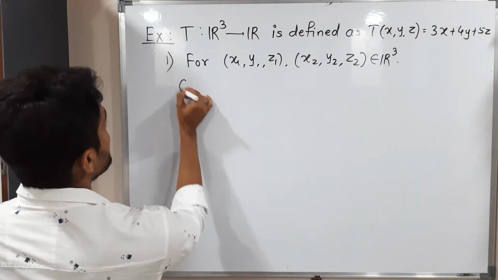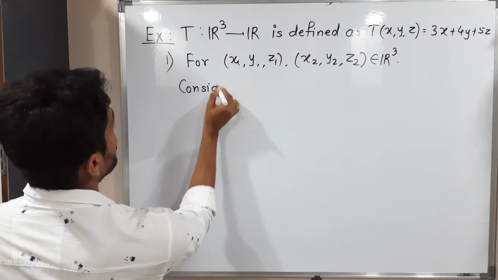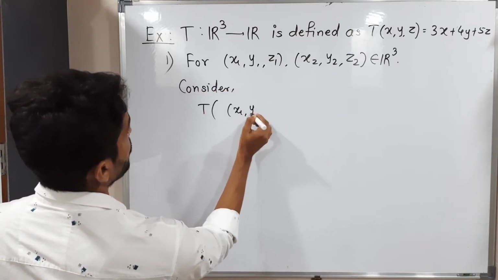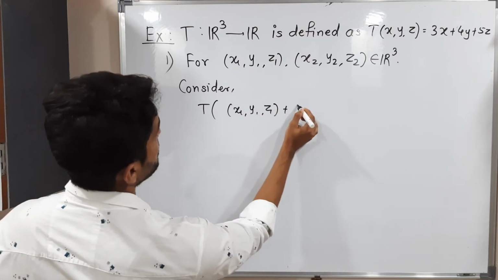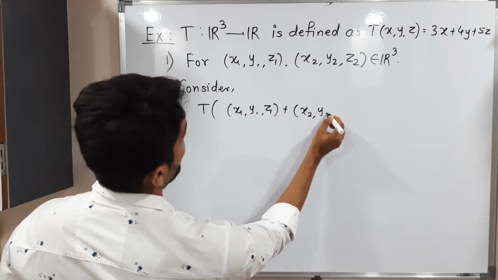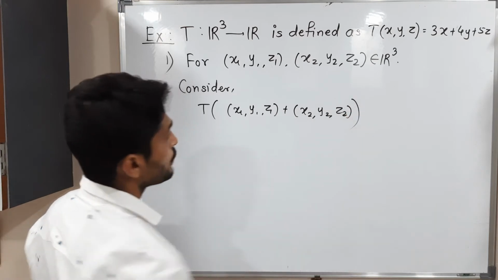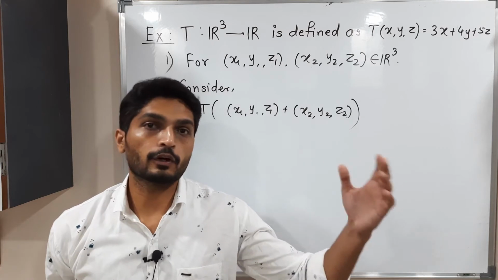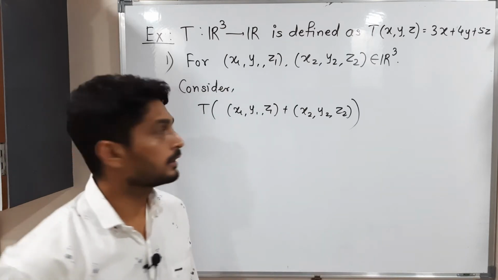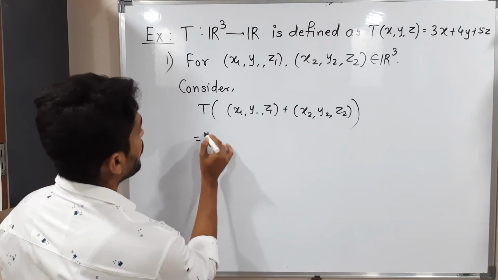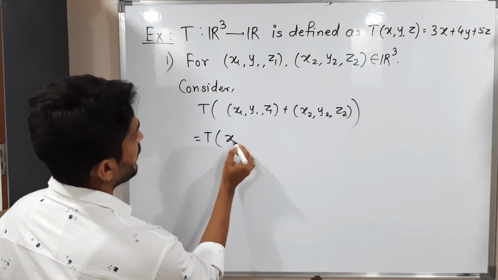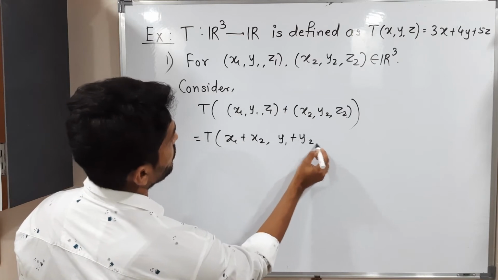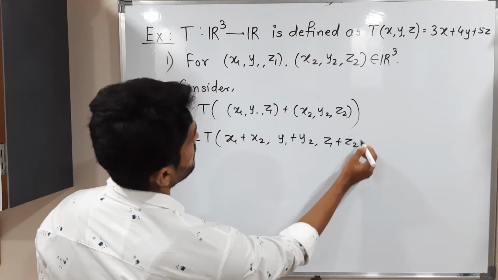Consider T of x1, y1, z1 plus x2, y2, z2. What do we have to prove finally? We have to prove that it equals T of first element plus T of second element. First of all, you know how to add component wise. So we will have x1 plus x2, y1 plus y2 and z1 plus z2.